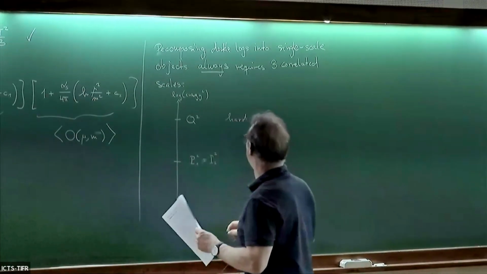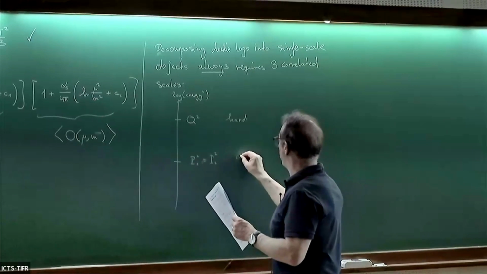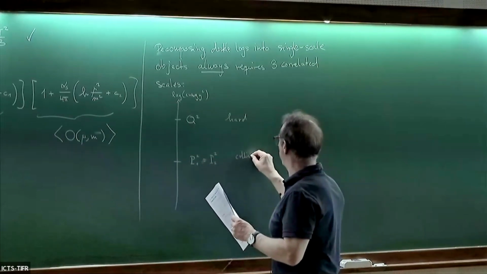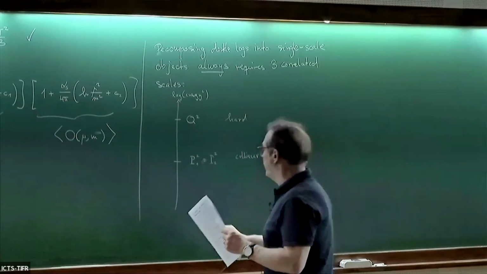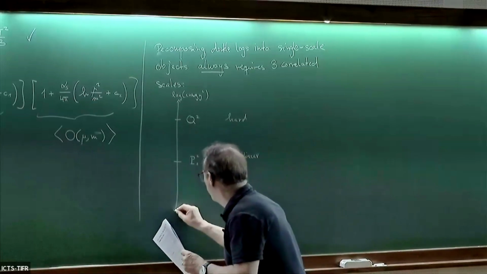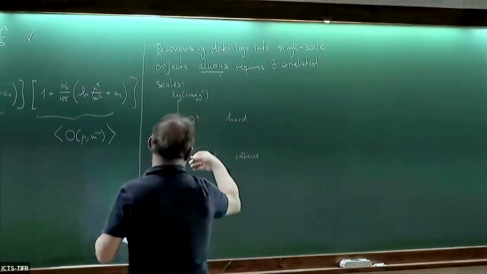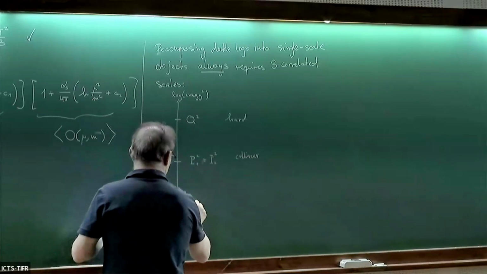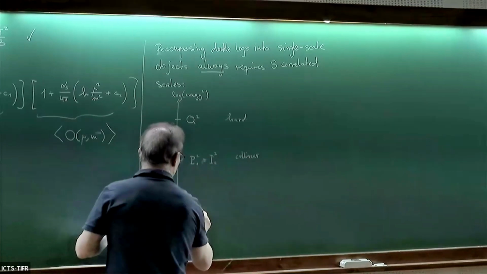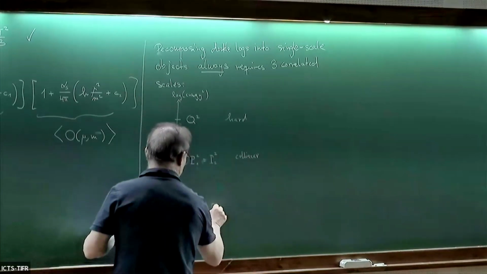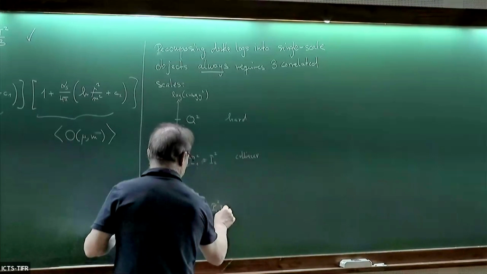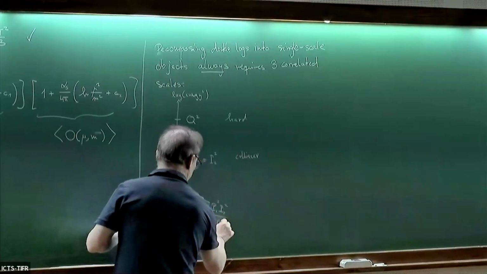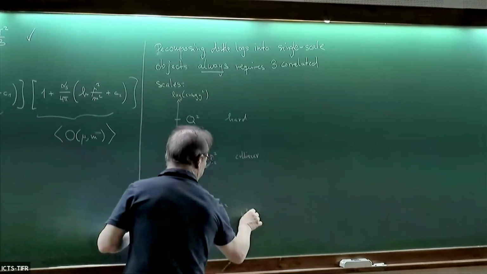We could have set them equal from the beginning. So this was the collinear scale or the anti-collinear scale. But now we need a third scale, and the third scale is the geometric mean. So it's this scale squared divided by that. So p to the 4 over q square. Or if you wish, p1 square, p2 square over q square. That's the ultra soft.